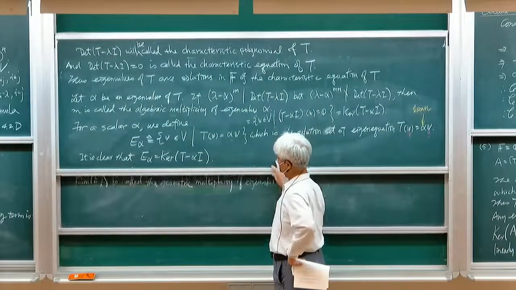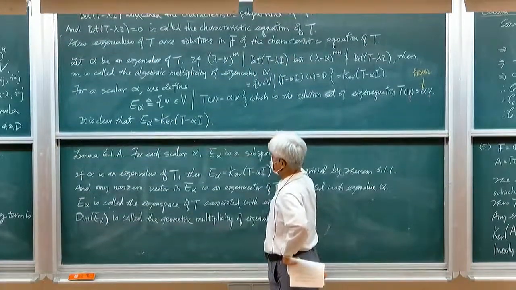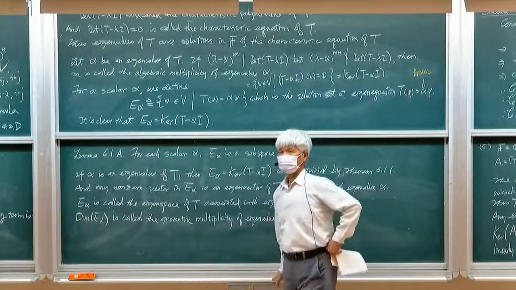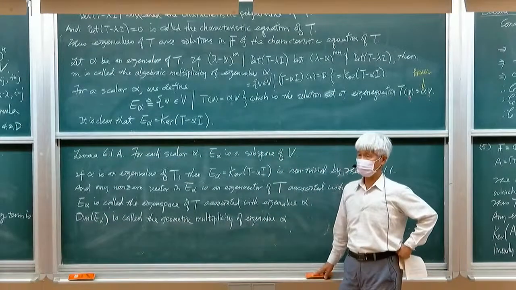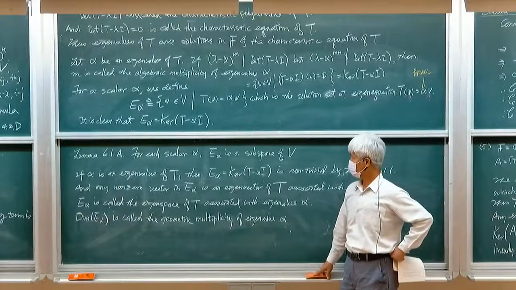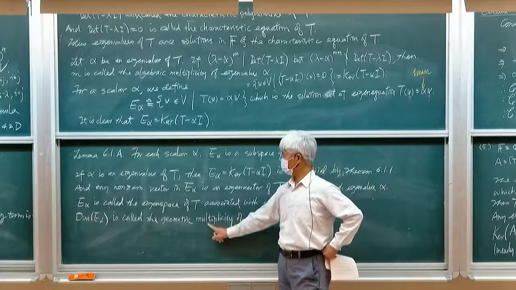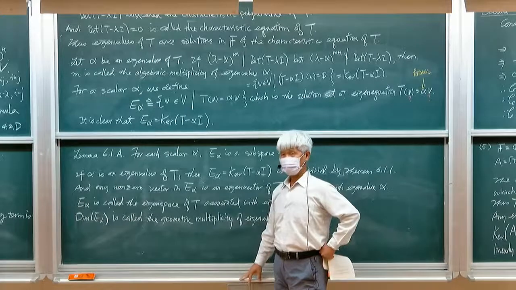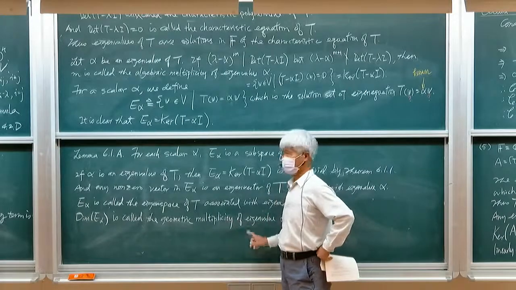But when we resolve the question whether we have a diagonal representation of a linear operator, then we have to look at the geometric multiplicity of every eigenvalue.